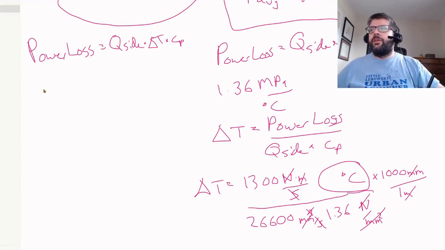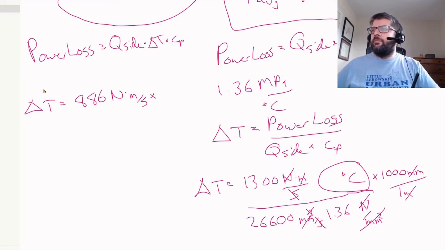And that should be expected because it's less tight of a bearing, so we're not going to be burning as much energy due to the viscous heat. So our delta T is going to be equal to 886 Newton meters per second. And I know that I'm going to have to convert meters to millimeters.